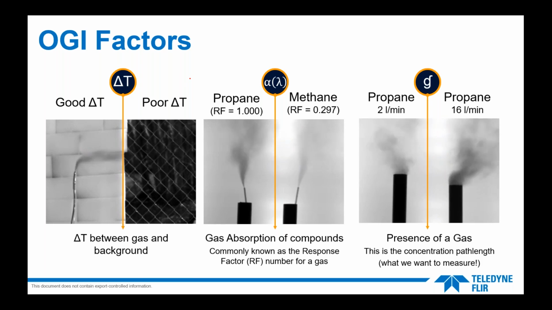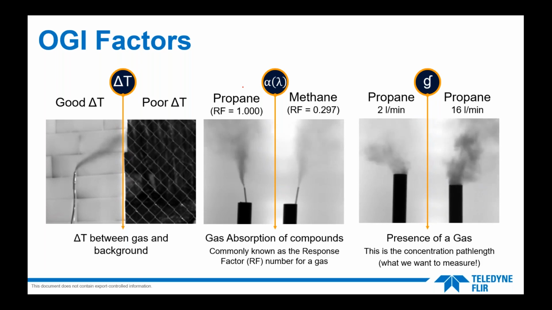The middle one, so this is what we're looking at of response factor. So we have here one image split into two. We have propane and methane. So you see propane has an RF or response factor of 1. So that is your datum, your baseline, if you like. And you can see that methane has a response factor of approximately 1/3 of that.